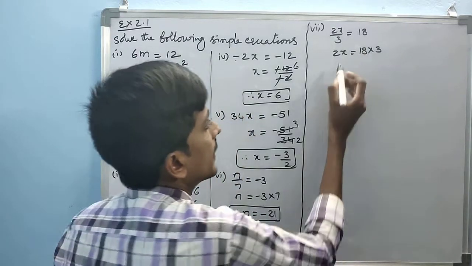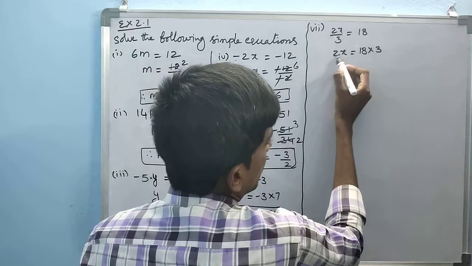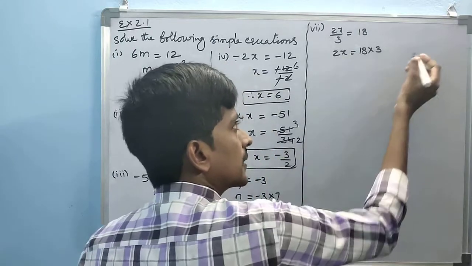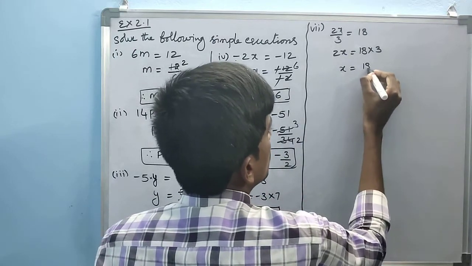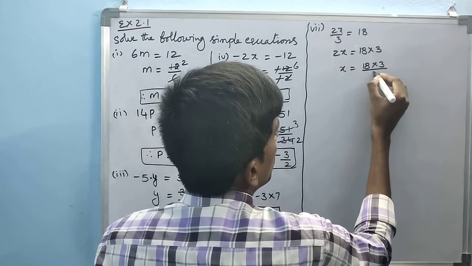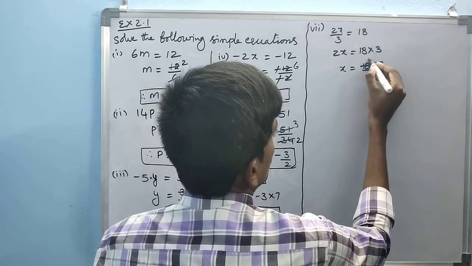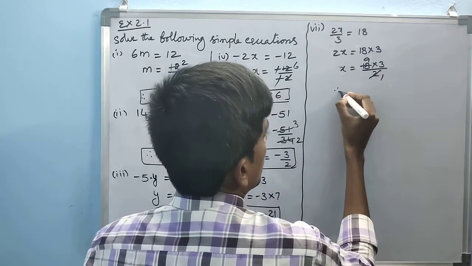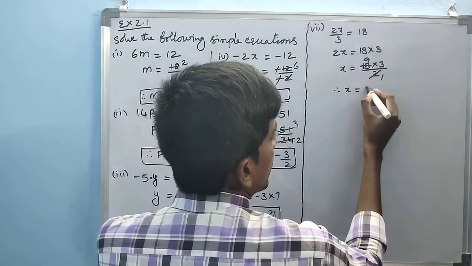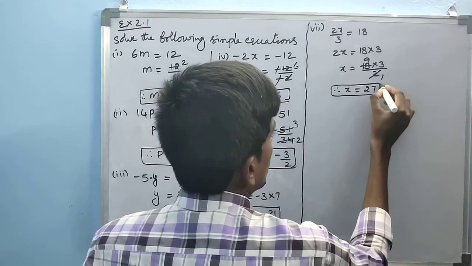And 2 is also multiplied here, transferred to that side it becomes division. x equals 18 into 3 by 2. Okay, 2 1 times is 2, 2 9 times is 18. Therefore x equals 9 3s are 27.